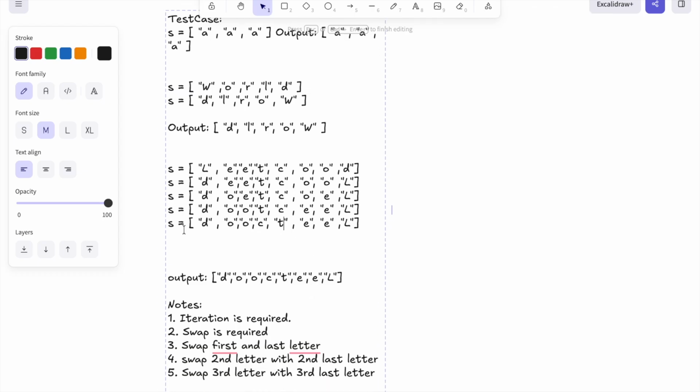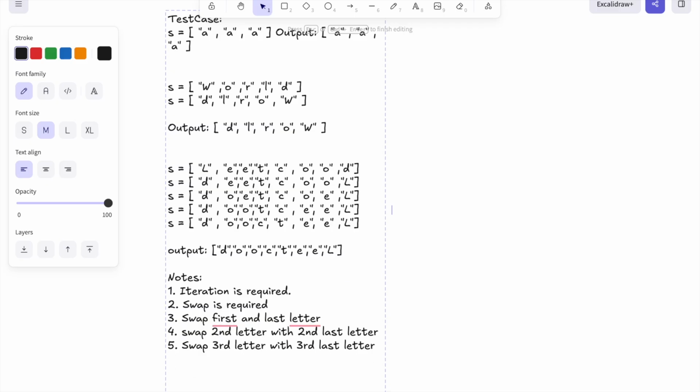Right, so now we are able to get the output that we were supposed to get. These two are equal now. This is reverse of LeetCode, right? And the last swap that we did was swap fourth letter with the fourth last letter. After that there is no value left that we need to swap.